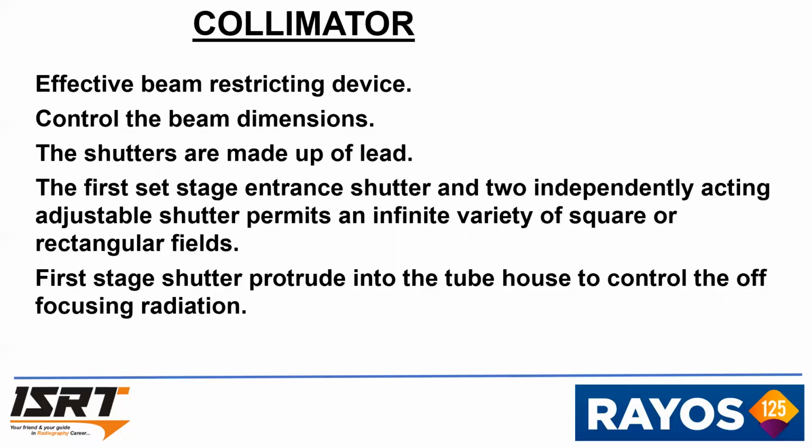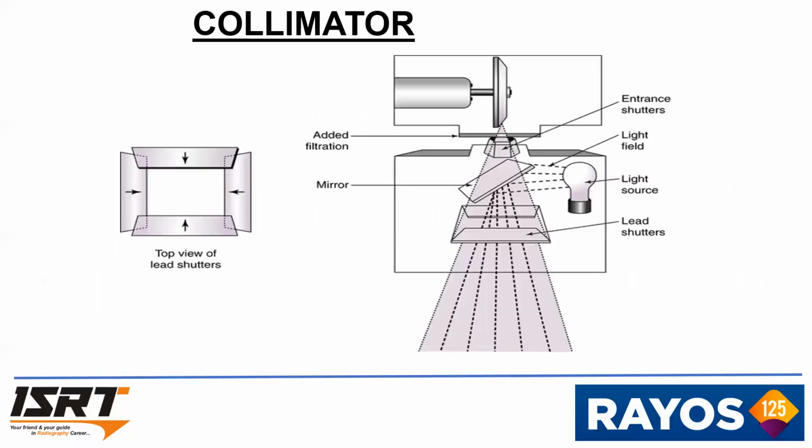First stage shutters are placed in the tube housing to control the cutoff of focusing radiation. You can see in this diagram the adjustable shutters. These are the adjustable shutters, and this is the first entrance shutter, and this is the adjustable shutters.